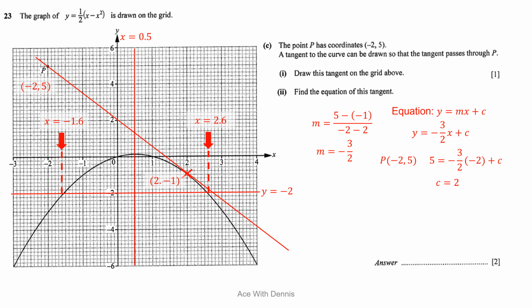Then we solve this equation. The c equals 2. We can also double check the value of c by looking at the graph. The c is the y-intercept of the straight line, and the c is 2. So rewrite the equation. It becomes y equals -3/2 x plus 2. So this is the answer.